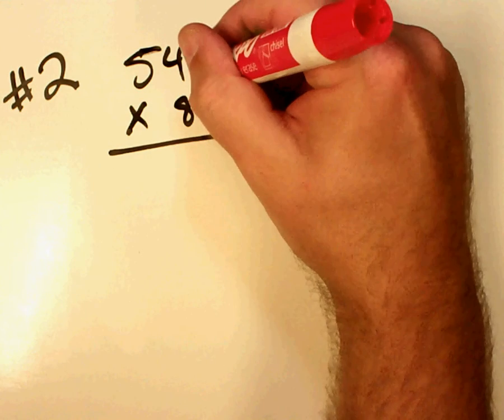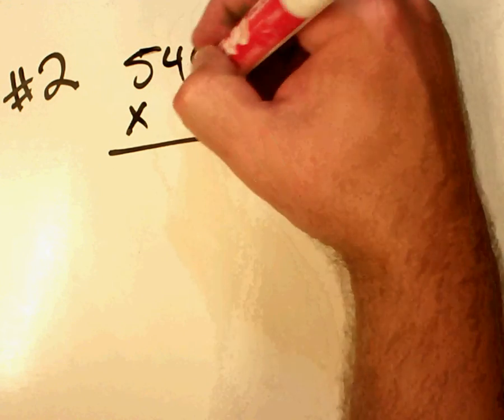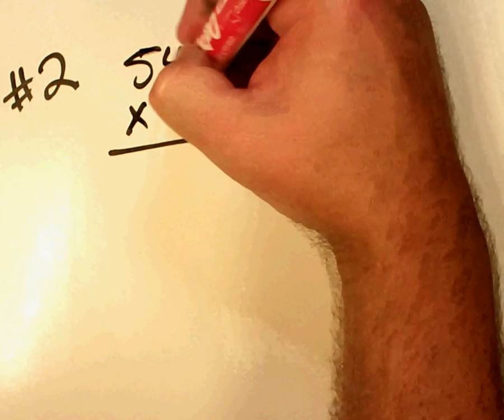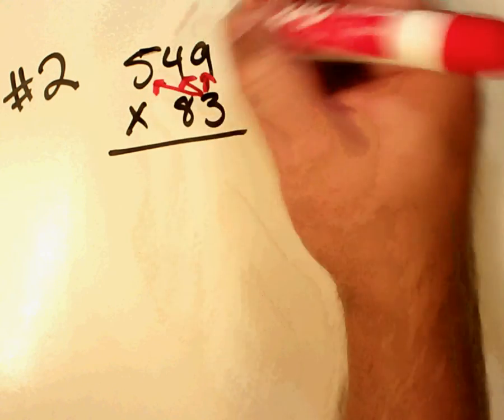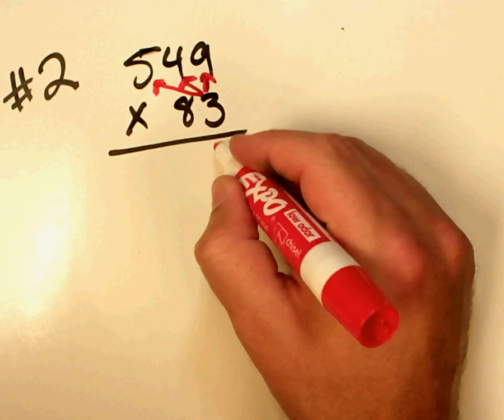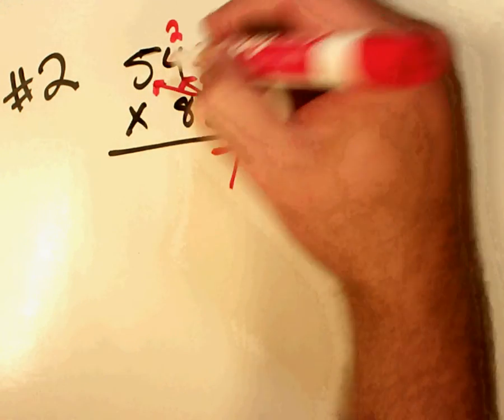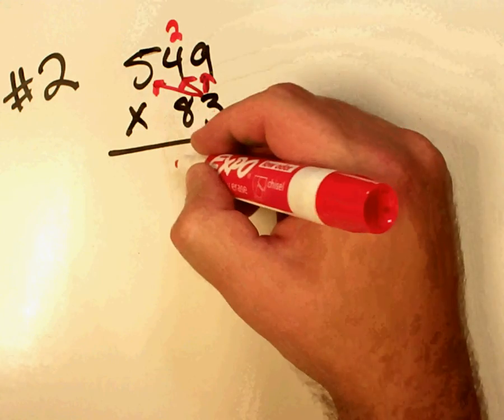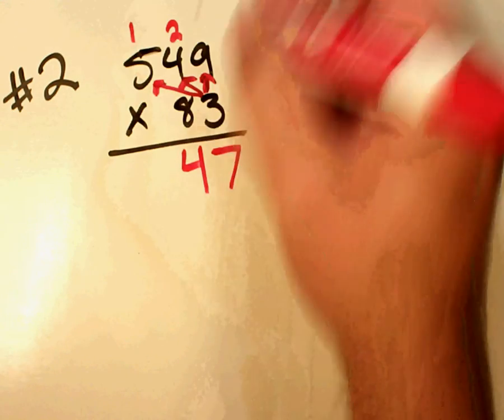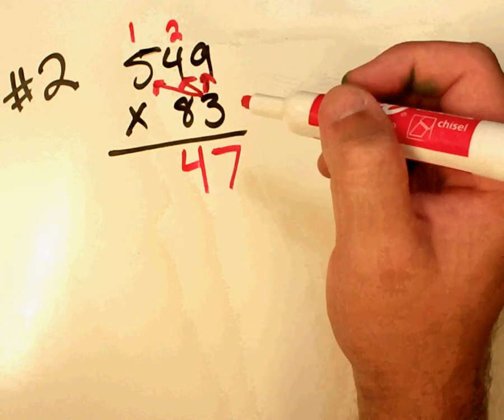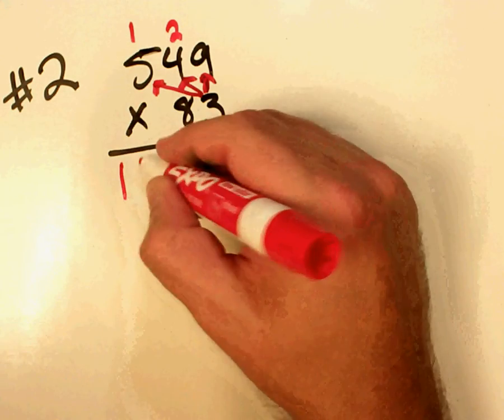So I'm going to start out multiplying my 3 times my first 3. So 3 times 9 gives me 27. Carry my 2. 3 times 4 is 12, plus 2 is 14. Carry my 1. 3 times 5 is 15, plus 1 gives me 16.